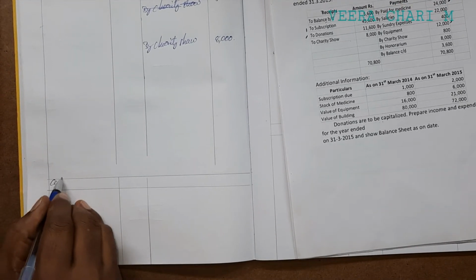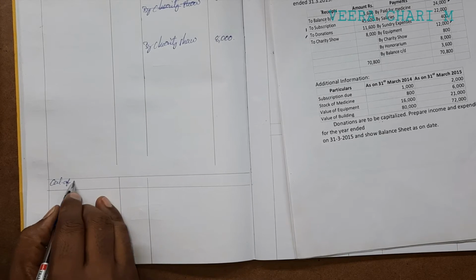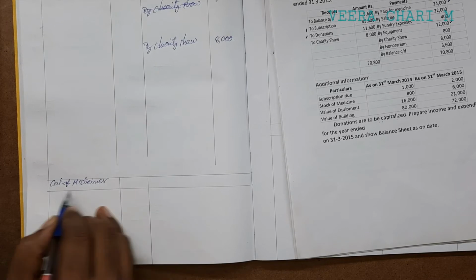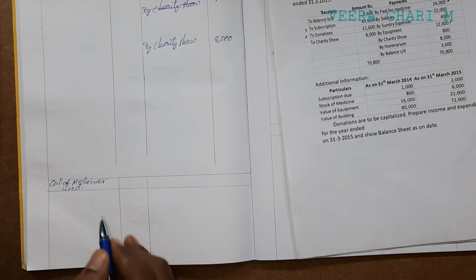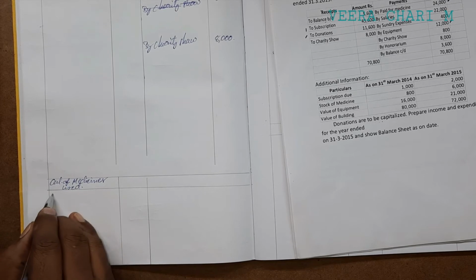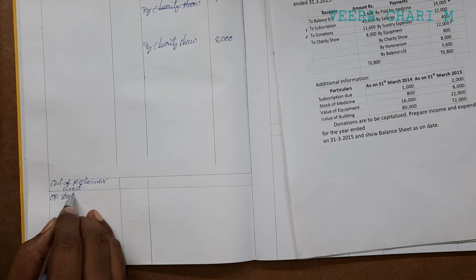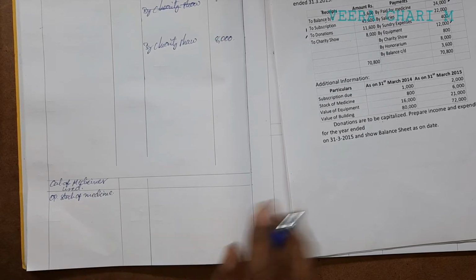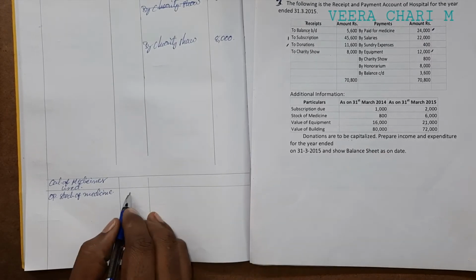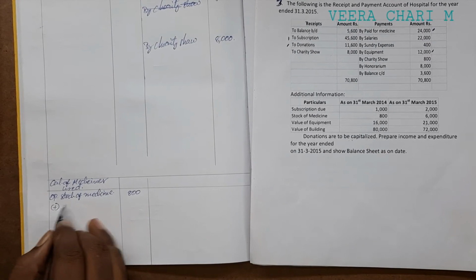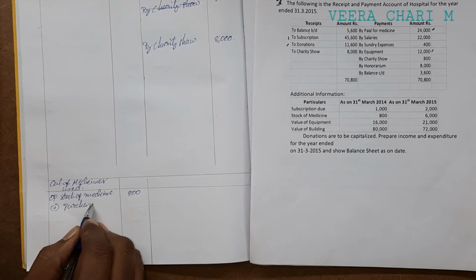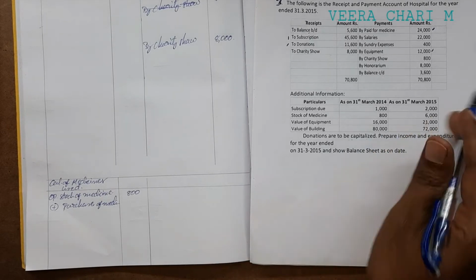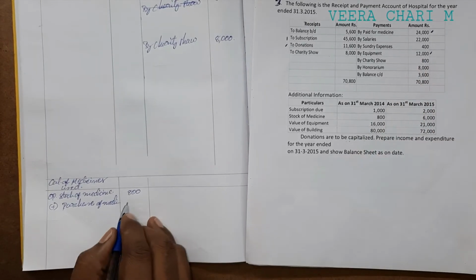That is the calculation of medicines used, that is utilized. The opening stock of medicine is 800. Add the purchase of medicines, that is paid for medicine, now it is 24,000.